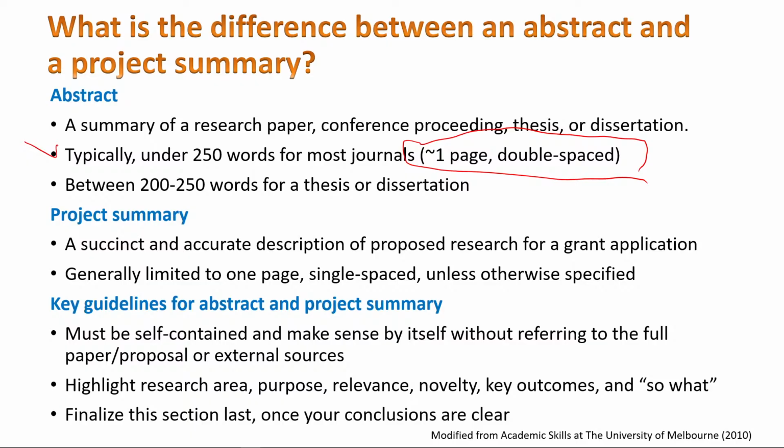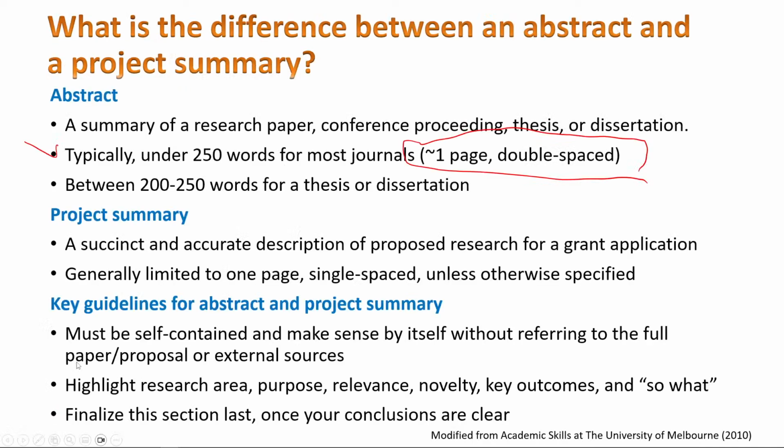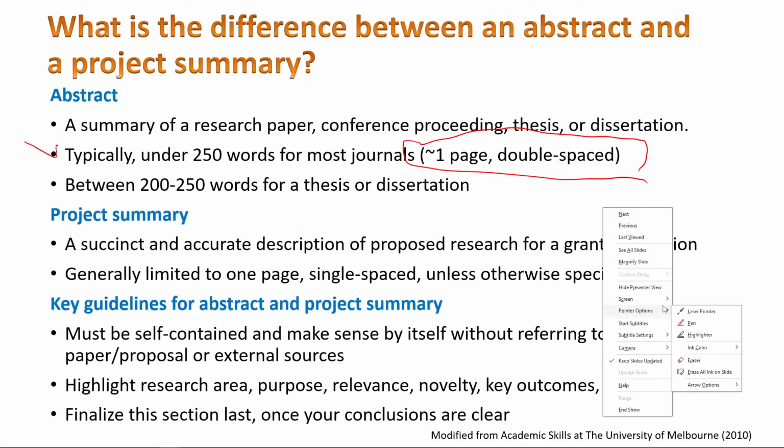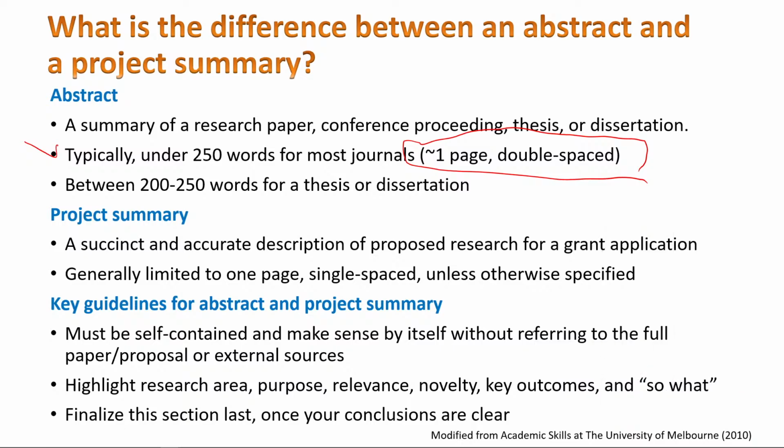Finalize this section last, once your conclusions are clear. That is the last thing you do. You can start writing this section at the beginning, just a draft of your abstract or project summary.